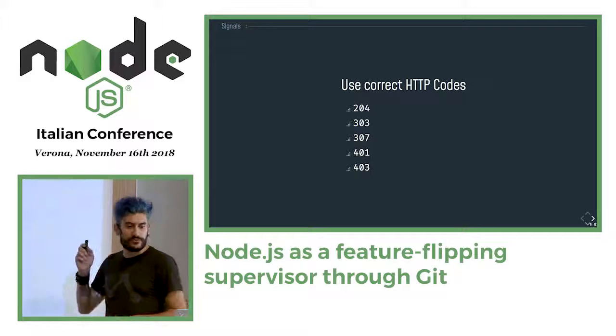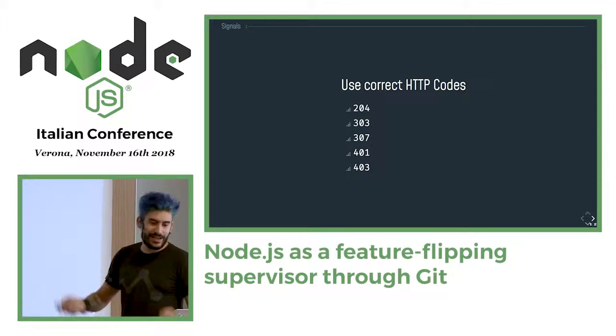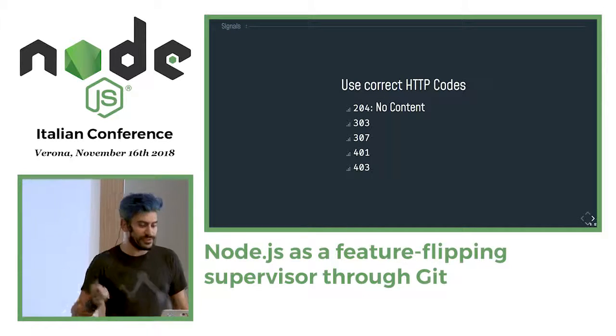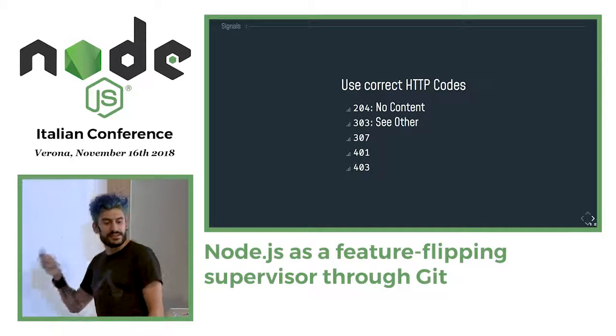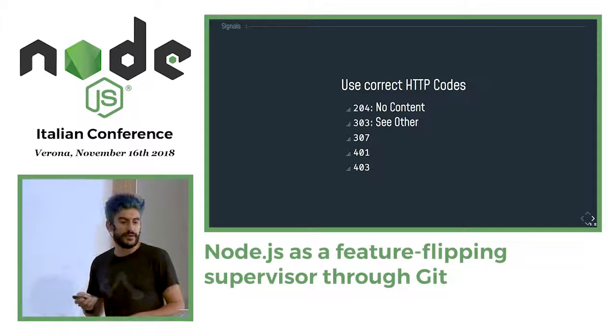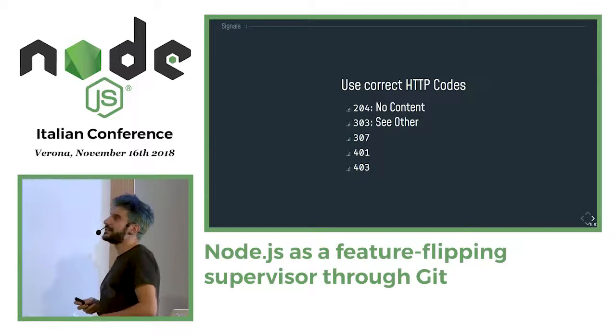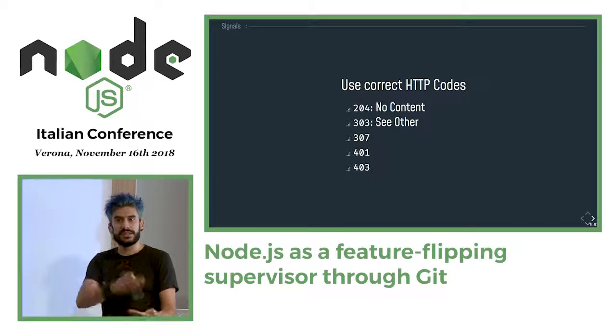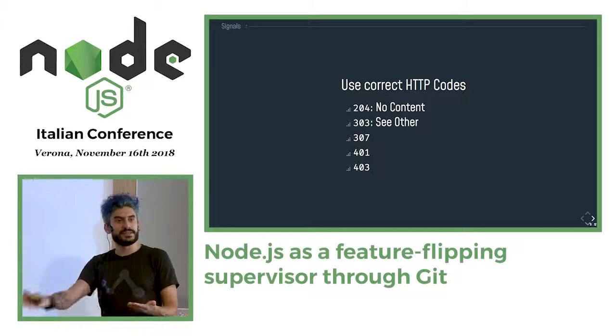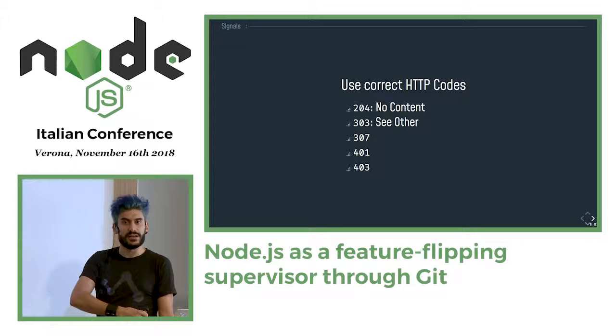I just want to recall the various HTTP codes that I use every time. 204 is no content, 303 is see other, so moved resource, which is pretty useful when you're dealing with feature flags, because you sometimes open an API endpoint and finally move it to another place due to your feature flag.